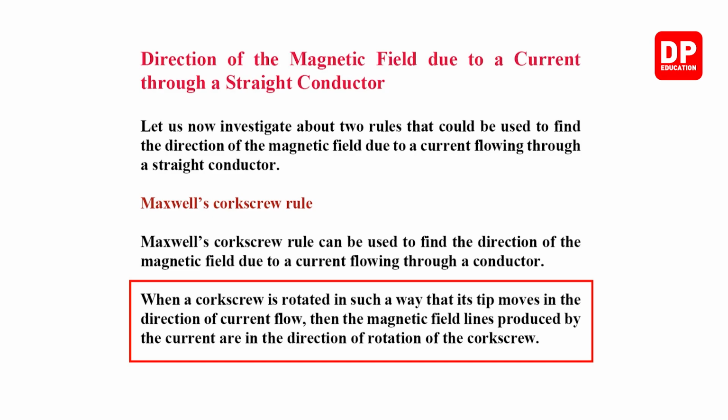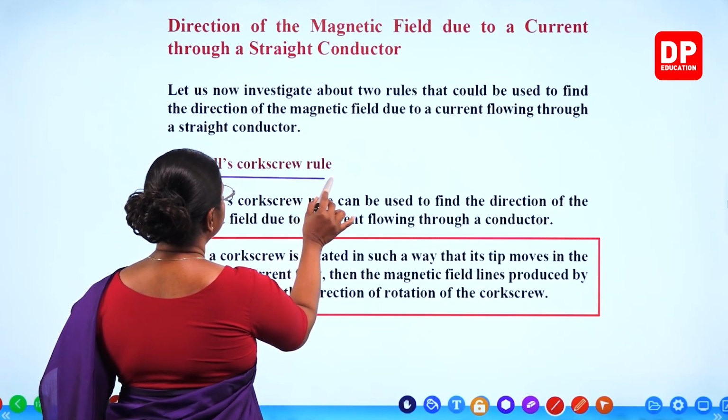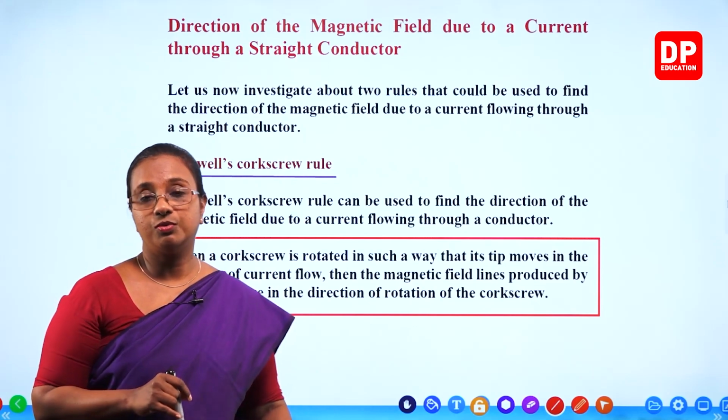Let us now investigate two rules that could be used to find the direction of the magnetic field due to a current flowing through a straight conductor. And the first rule you can see here is known as the Maxwell corkscrew rule.